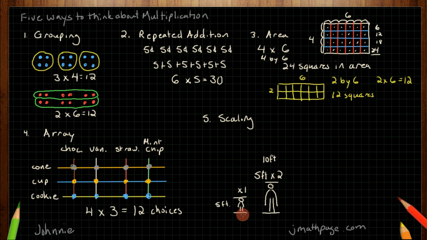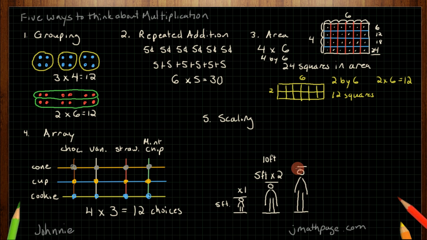Let's try another one. If we take a normal person who's 5 feet tall, and what if we want to make this person 3 times as tall? So let's see, 1 times as tall, 2 times as tall, 3 times as tall. Okay, let's draw the person. Has really long arms and really long legs, right?